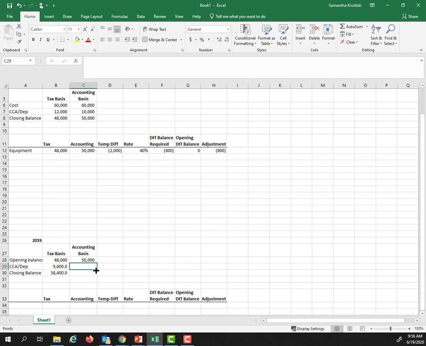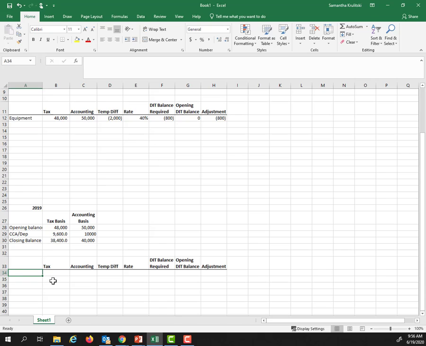For the accounting basis, we are still calculating straight line over 6 years from when we purchased the asset, so another $10,000 of depreciation, and the closing value for the accounting basis is 40,000. When we're filling out our chart, it's very important to get the columns in the correct order. Our tax basis is 38,400. Our accounting basis is 40,000.